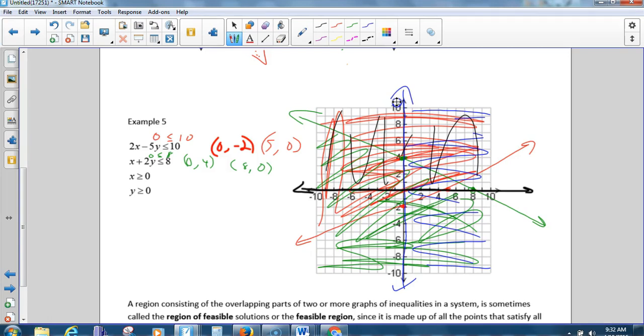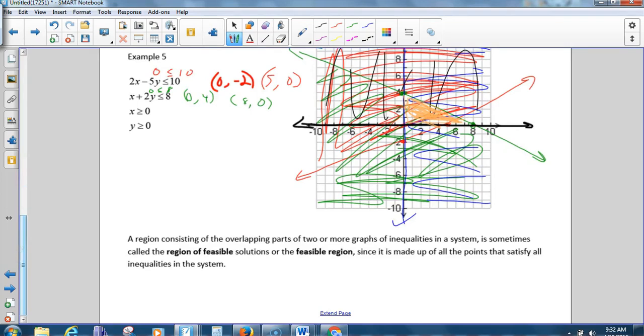And it's got to have the green and the red. Well, that's actually this little triangular area right here. Because look, it's above the black line, it's right of the blue line, it's above the red line and below the green line. That's our area.